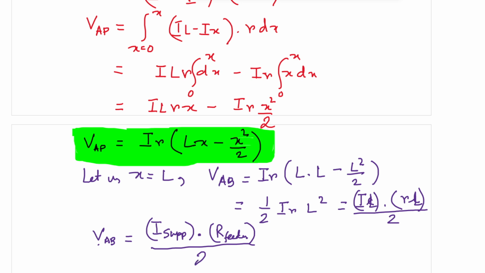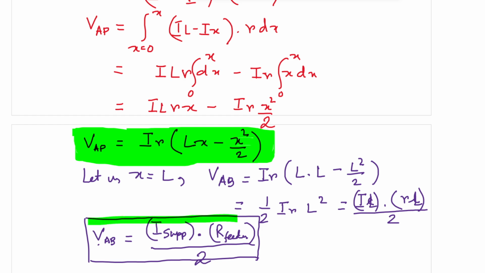So the total voltage drop along the length of the feeder is given by this expression, and that is the product of the total supply current and the total resistance of the conductor, that means the feeder, divided by 2. That is the expression.